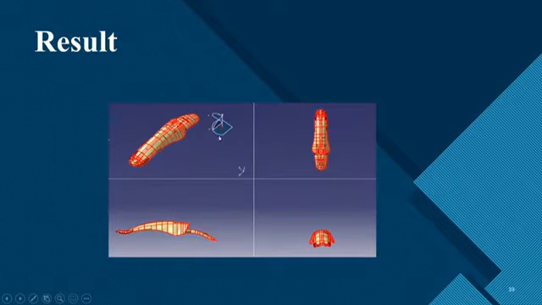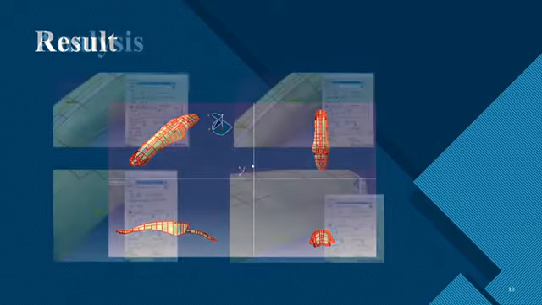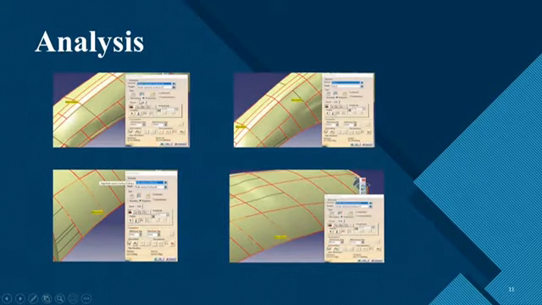Okay, as the result, this is the part completed, in 4 views: the isometric view, from the top, from the side, and from the front. This is after the completed re-engineering process. For the analysis, the first picture is the connect checker for the first surface, which is this one and this one.